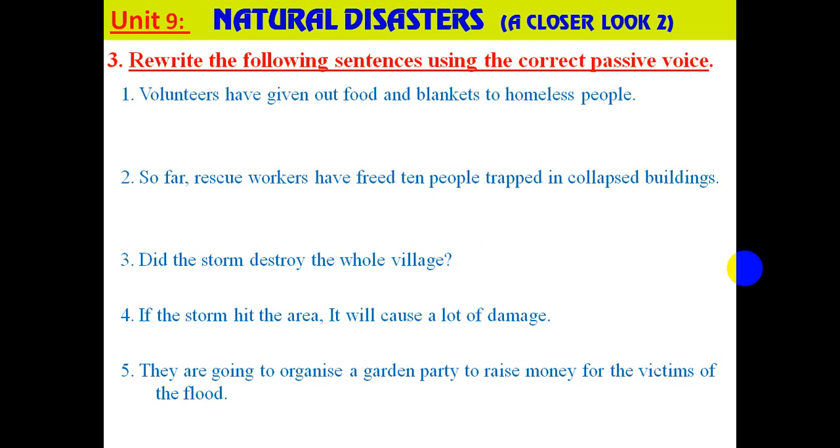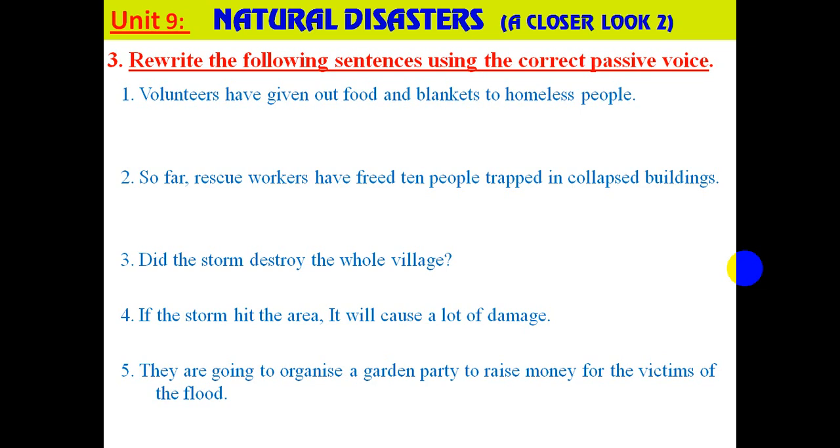Activity 3. You write the following sentences using the correct passive voice. I have 5 sentences. Number 1. Volunteers have given out food and blankets to homeless people. Number 2. So far, rescue workers have freed 10 people trapped in collapsed buildings. Number 3. Did the storm destroy the whole village?